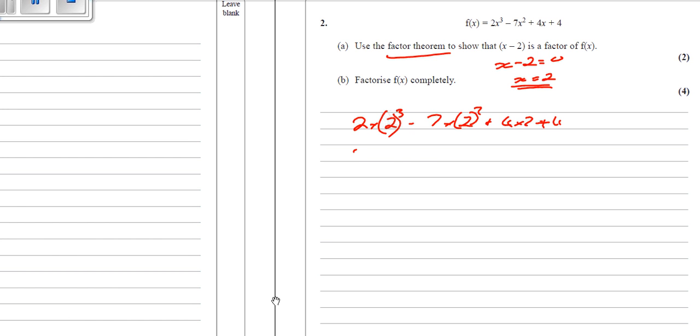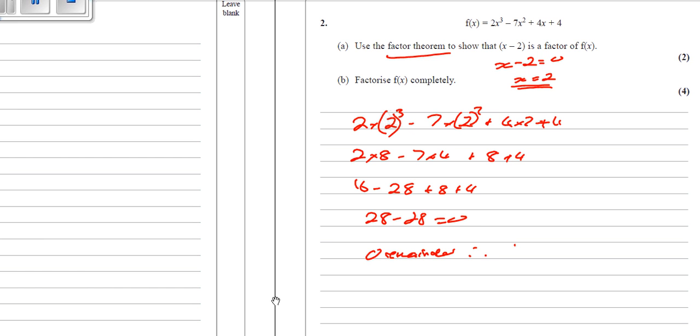So that's going to be 2 lots of 8 minus 7 lots of 4 plus 8 plus 4. So 16 minus 28 plus 8 plus 4 equals 28 minus 28, which equals 0. So 0 remainder. Therefore, x minus 2 is a factor.